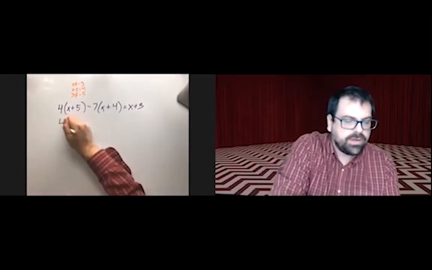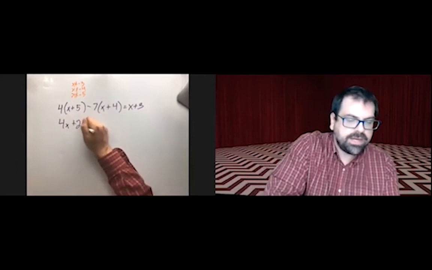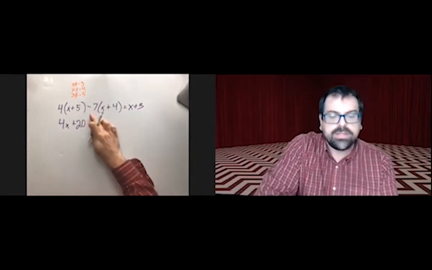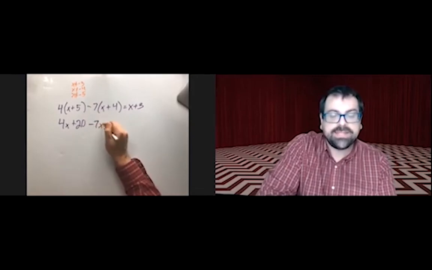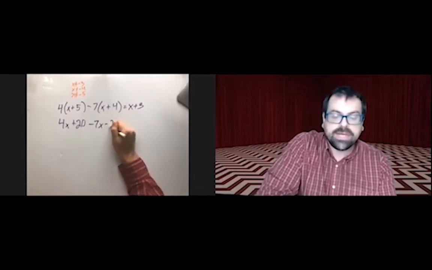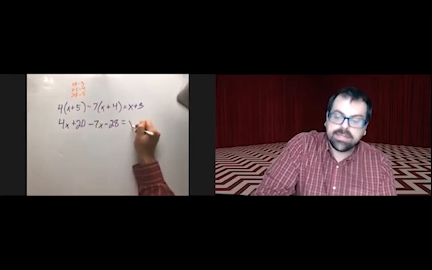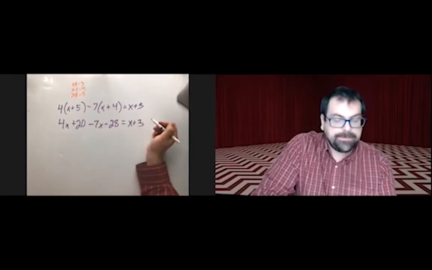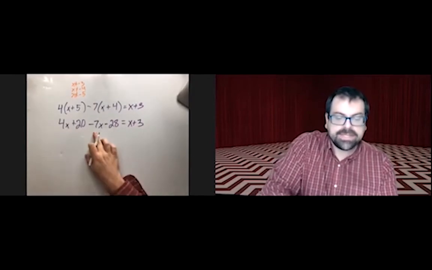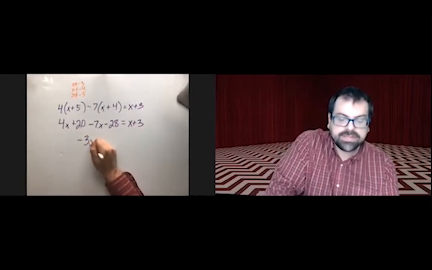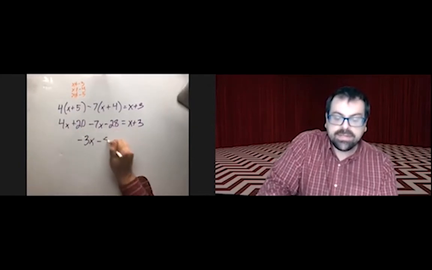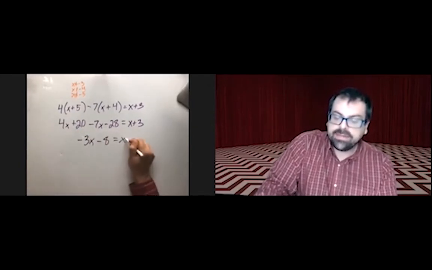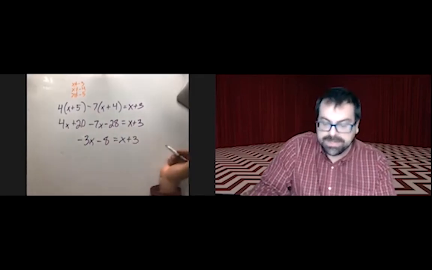Distribute the 4. 4x plus 20. Distribute the negative 7. Negative 7x minus 28 equals x plus 3. 4x minus 7x is negative 3x. Positive 20 minus 28 is negative 8 equals x plus 3.